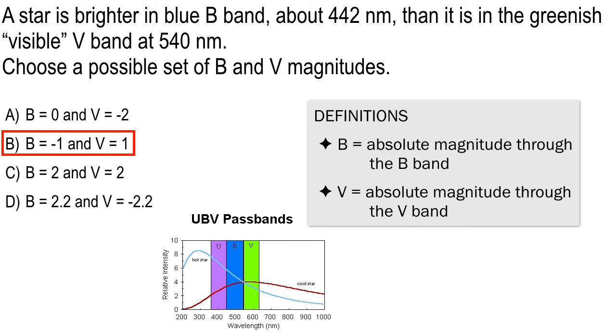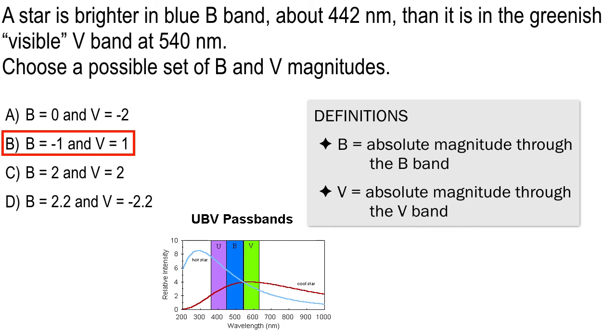There may be stars where this is true. Don't get me wrong. But if these are the measurements, you would say that it's brighter in V than it is in B. And the sun might have relative magnitudes like that. I'd have to look that up. But the sun is brightest in the green, and the V band is kind of greenish.